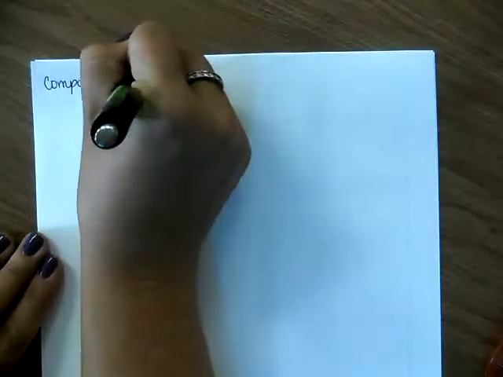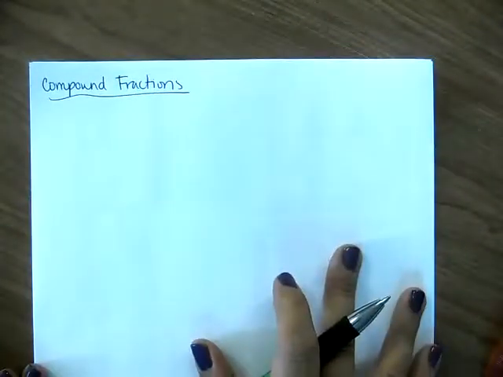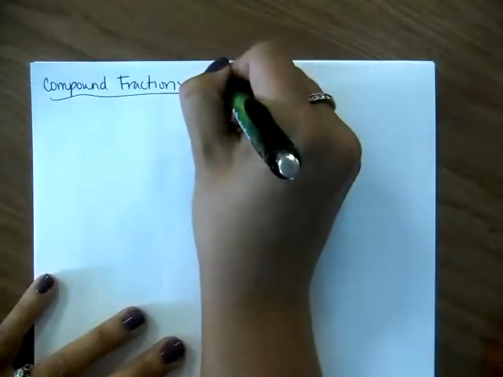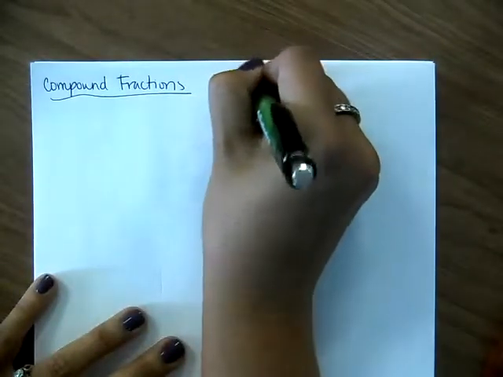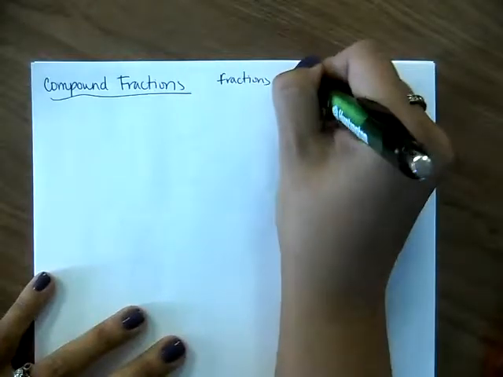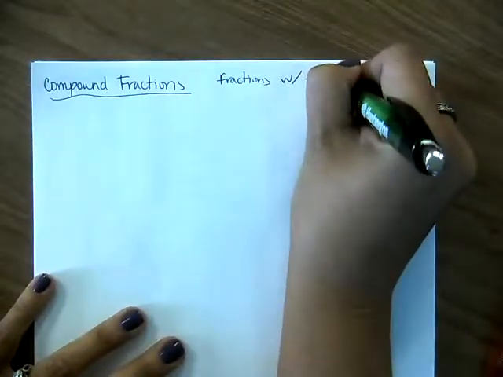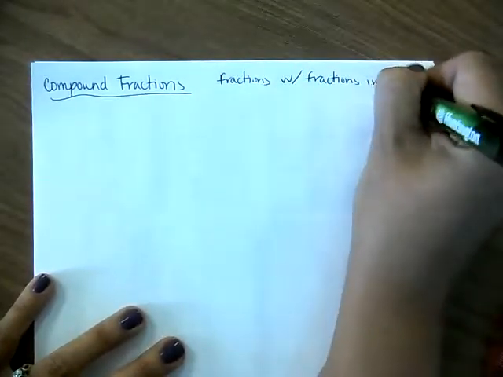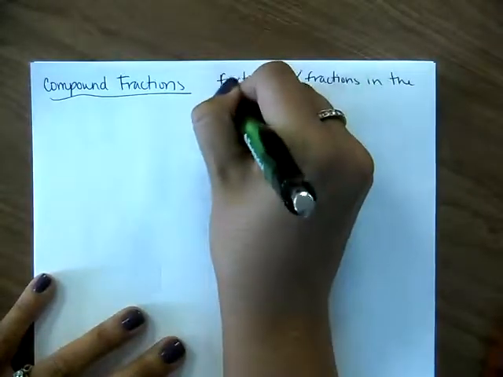The next piece is a little bit more complicated. So we're going to talk about compound fractions now. We saw one yesterday. So a compound fraction is basically fractions with fractions in the numerator and denominator.